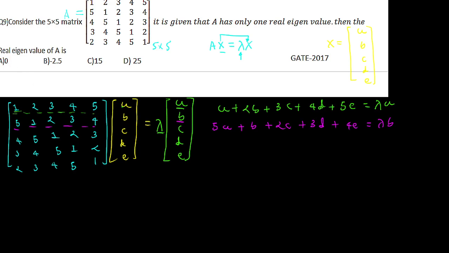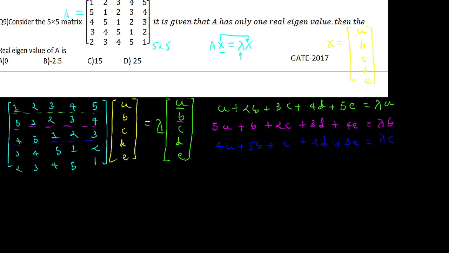In the same manner, we multiply the third row with these 5 entries: 4a plus 5b plus c plus 2d plus 3e, equal to lambda times c.